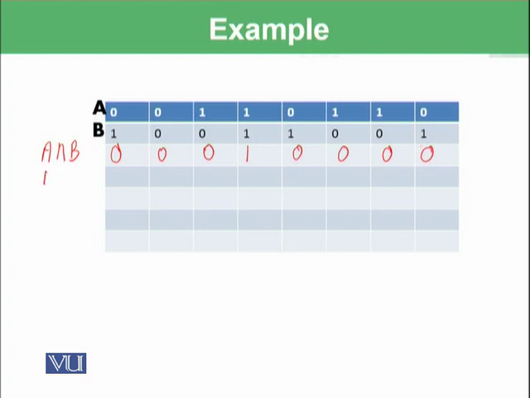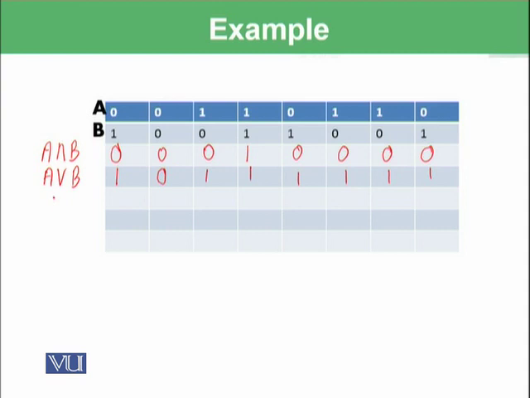And if we perform A OR B, it will give you 1 if either of the inputs is 1. So here B is 1, it will give you 1. It will give you 0 only for those where both of the inputs are 0. There was only one condition where both of the inputs were 0, and the result is this.